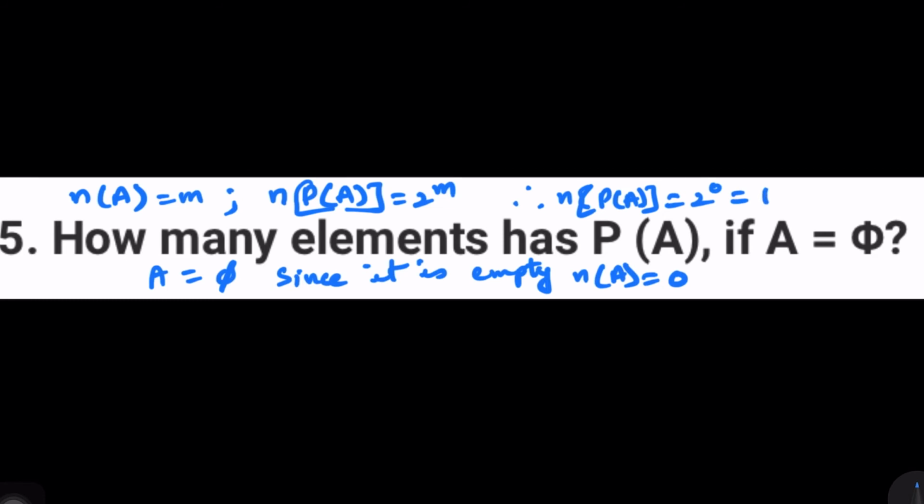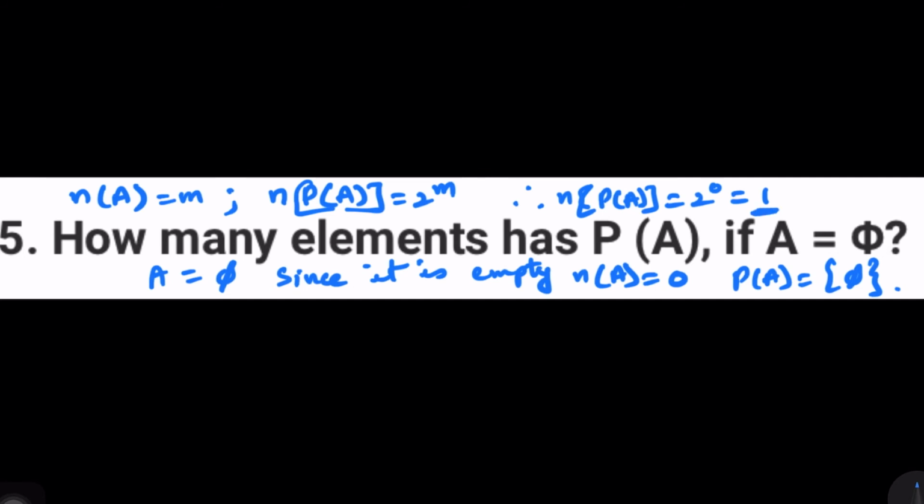So how many elements has power set of A is nothing but 1, because here P of A is nothing but phi in braces. So therefore this will consist of only one element, that is the phi, that is empty set. Got it? So therefore the answer is 1. How many elements has P of A is 1.